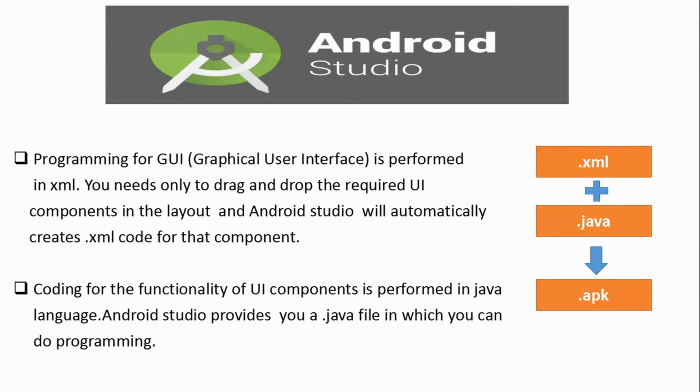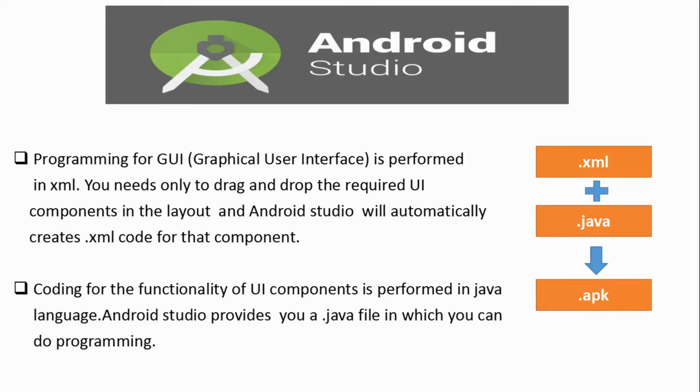For designing an Android app, we need to do programming in both Java and XML. In Java, we design the functionality code, and in XML, we design the layout code. Programming for the GUI, that is the graphical user interface, is performed in XML, and you only need to drag and drop the required UI components in the layout, and Android Studio will automatically create the .xml file for that component.